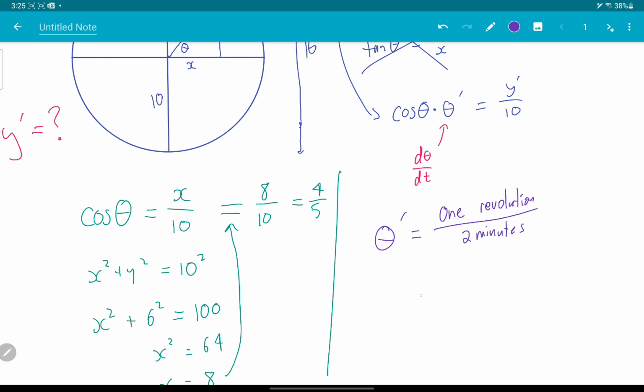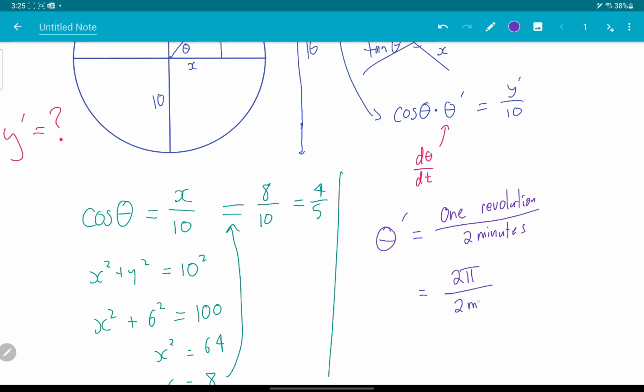Okay, so we're doing calculus. So angles are always in radians. A revolution is 2 pi. 2 pi over 2 minutes, which is just pi. And you could write radians per minute, if you like. So theta prime is just pi.